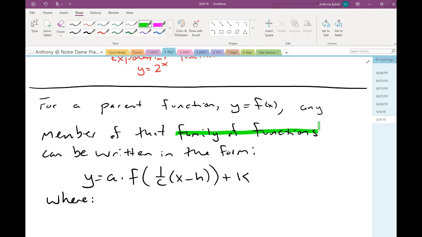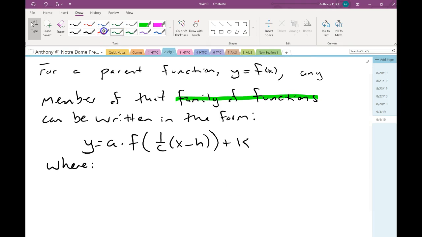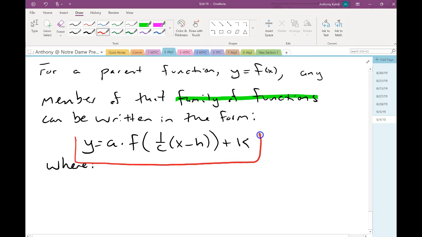Or if we're talking about quadratic functions, we're saying every other quadratic function I can write as x squared, but just kind of changed around a little bit. So that general form is y equals a times f of 1 over c times the quantity x minus h plus k.